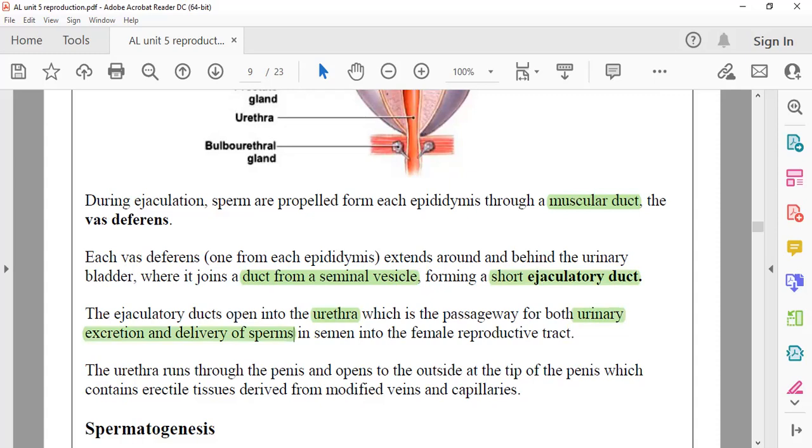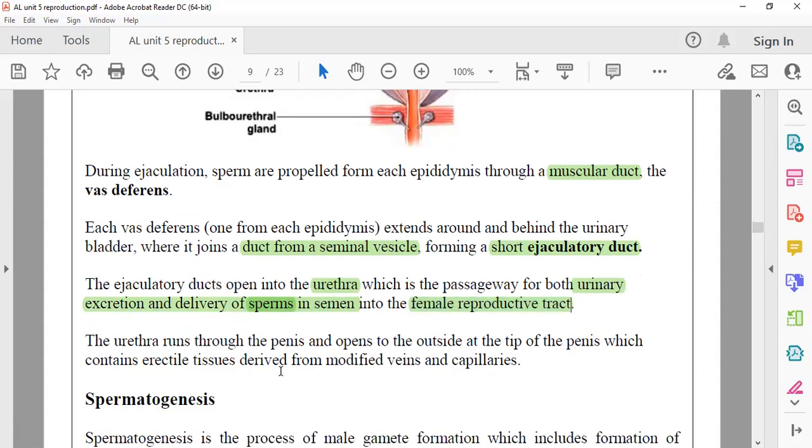Sperms will not individually come there. Sperms will be coming as a mixture of semen, and in natural reproduction, the semen will be introduced into the female reproductive tract. Okay, right.